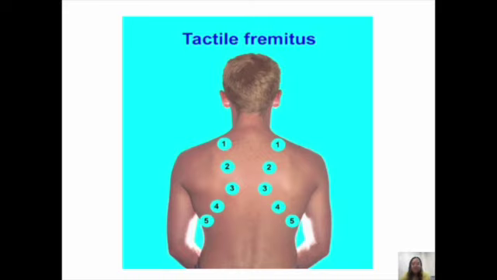Just between the scapula, about 2, 3, and maybe even at the level of 4, it might feel a little stronger on the right side than on the left because of the way the bronchioles bifurcate in that area. You also want to avoid palpating over the scapula because the bone is just going to dampen that vibration. You're not going to have good sound transmission or good vibration.